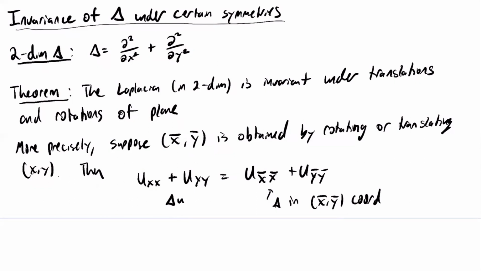So think back to the beginning of the class when we talked a little bit about the coordinate method. If I use the coordinate method and define new coordinates by rotating my original coordinates in the plane, then that doesn't change the value of the Laplacian for any function, right? So this quantity here is always equal to this quantity here.